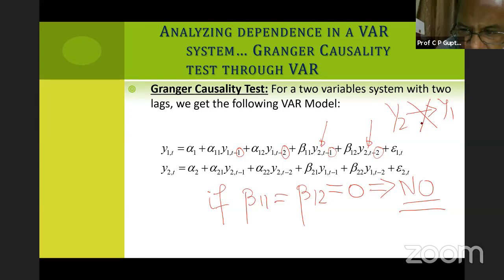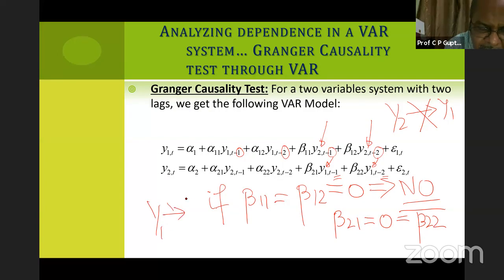Let me take variable 1 and variable 2, with lag 1 and 2. If beta 2 1 is equal to beta 2 2 is equal to 0, then I can say y1 is not Granger causing y2.